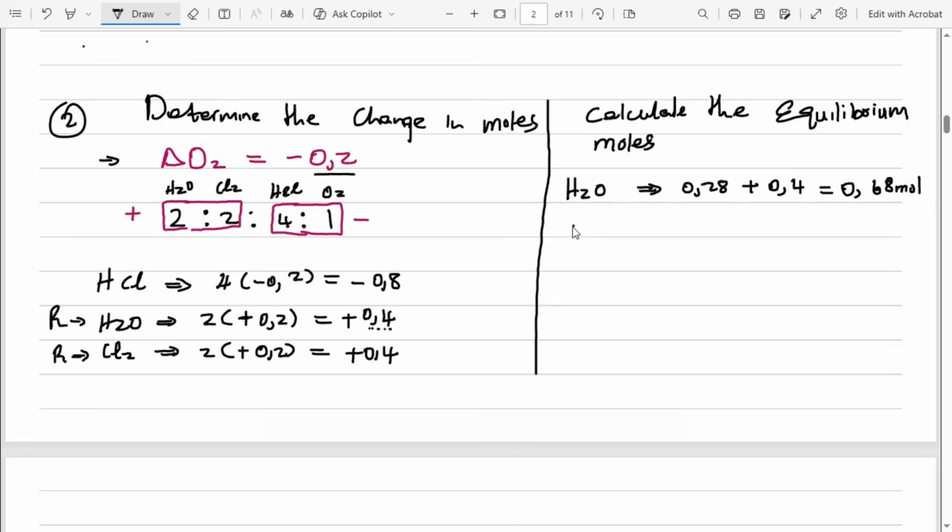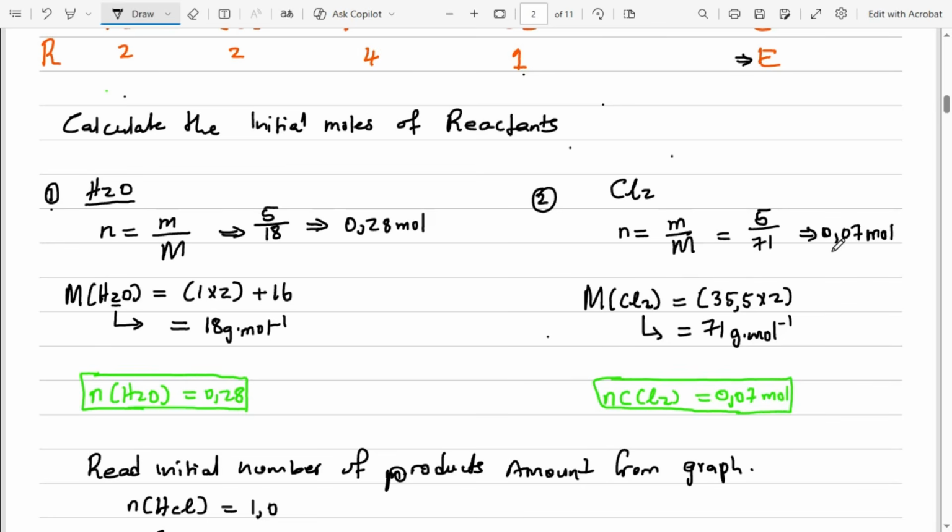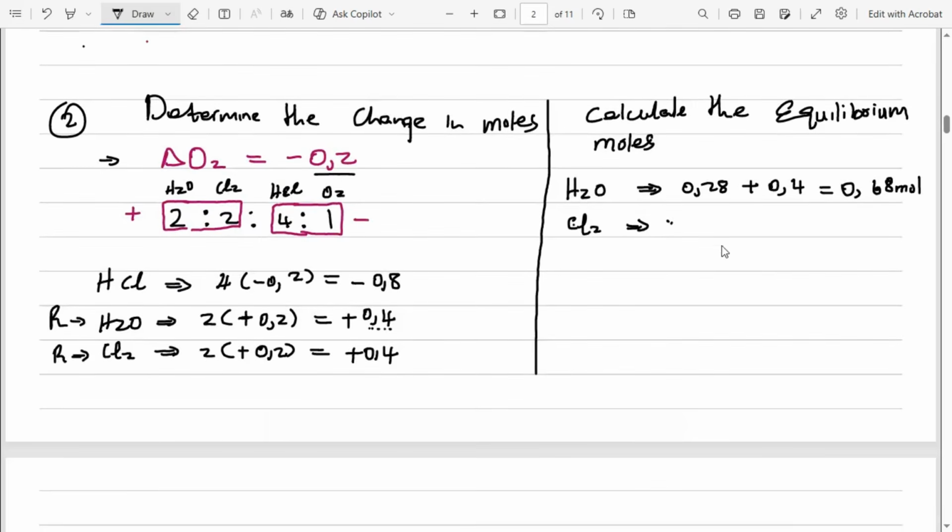You do the same for Cl2, which is also a reactant. Initially, we started with 0.07, so I'm going to put the 0.07 here. You add the 0.4, and we get 0.47 mole. Those were for your reactants.